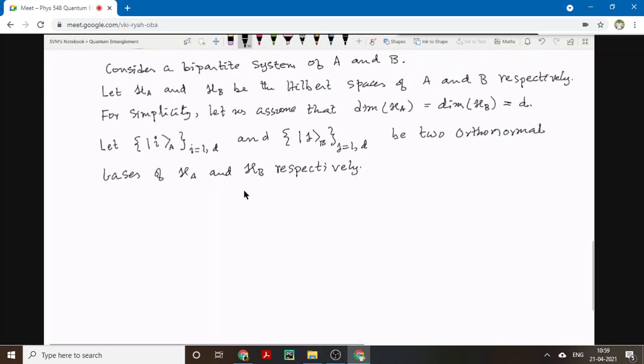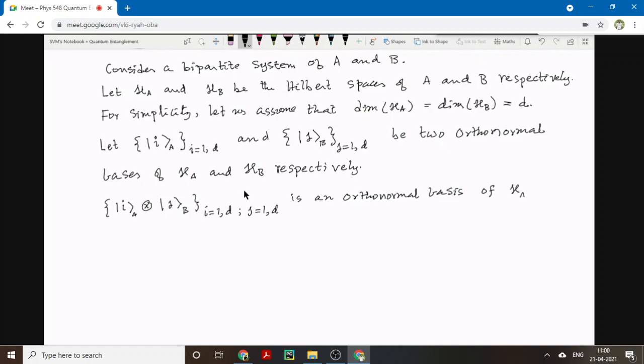Now, I will define a set |i_A> product |j_B>, i equal to 1 to D, j equal to 1 to D, is an orthonormal basis of HA cross HB, that is the composite Hilbert space.